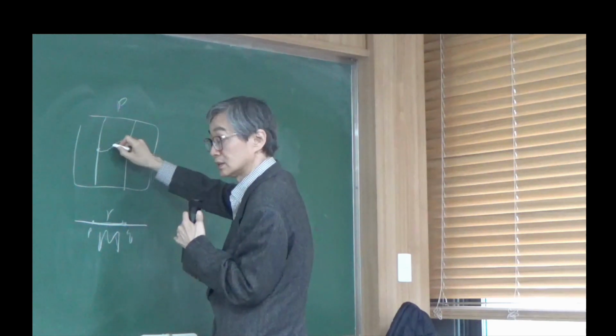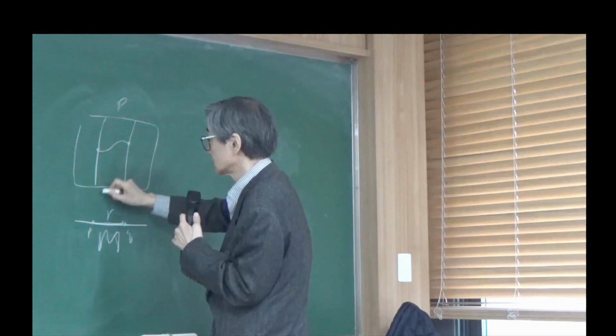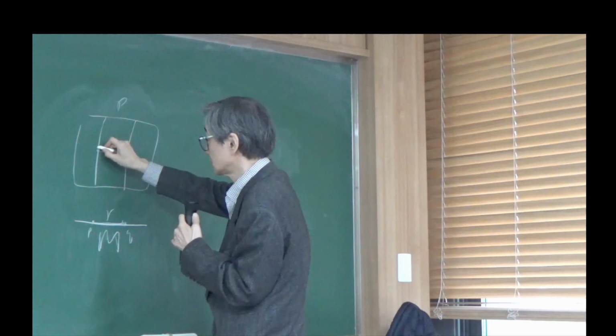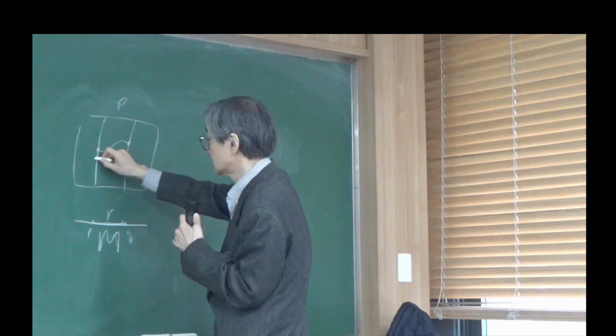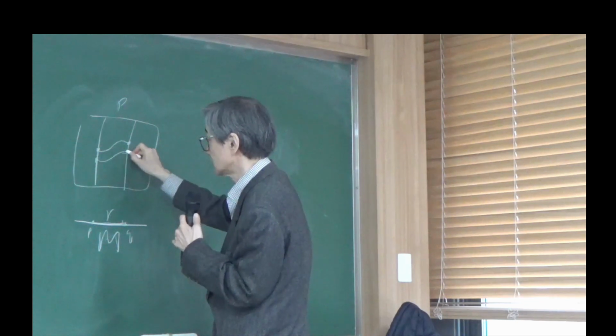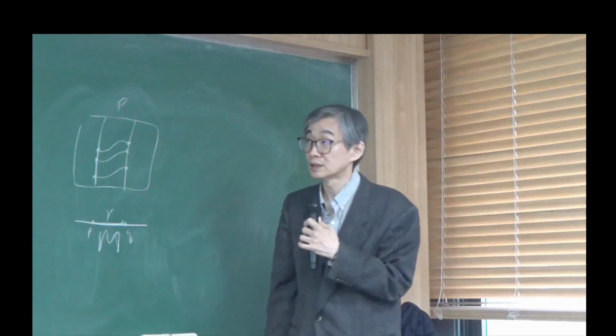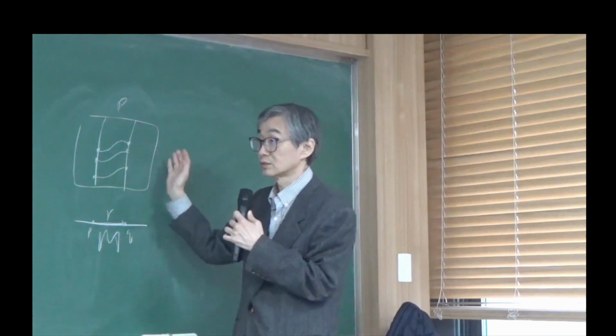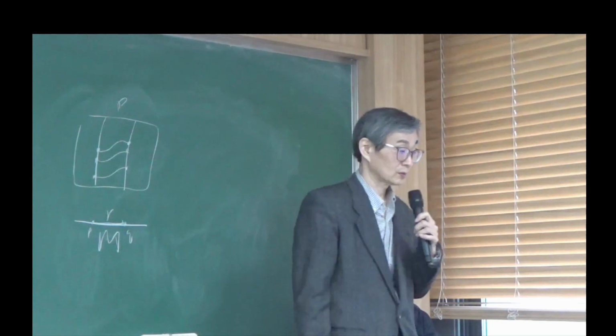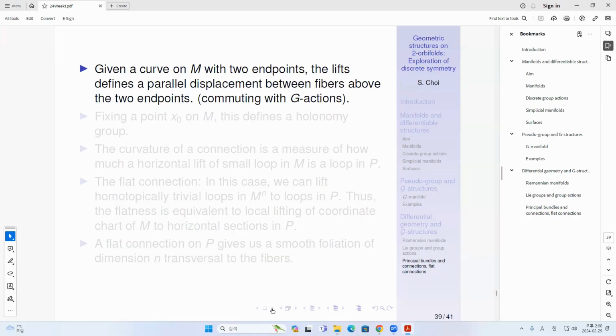So this point is mapped to this, and another point the same. It gives you a map from here to here, which is actually a diffeomorphism, and it commutes with the right G actions, because the horizontal lift can be changed by the right action and it's still a horizontal lift.